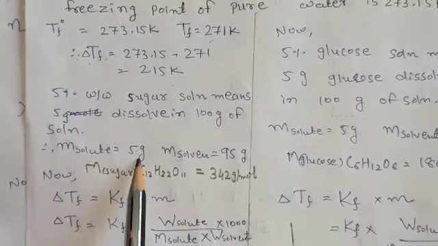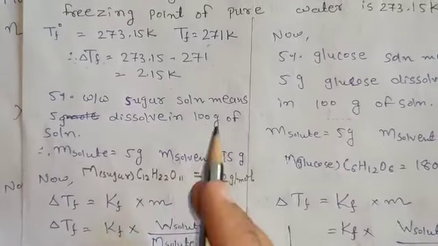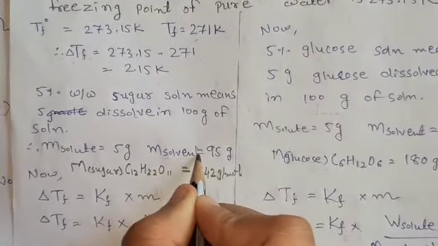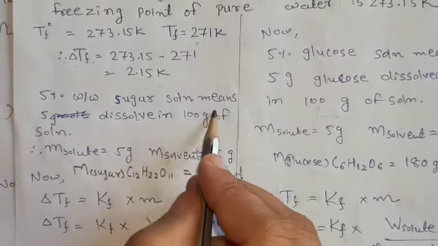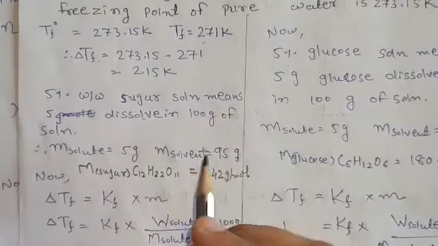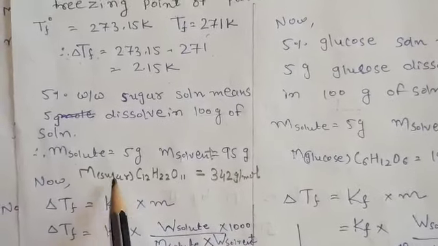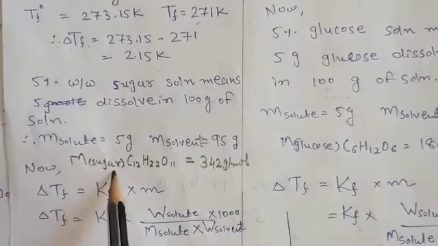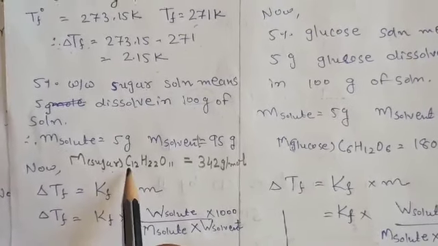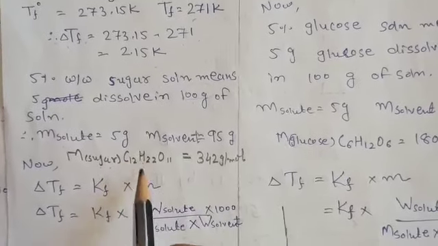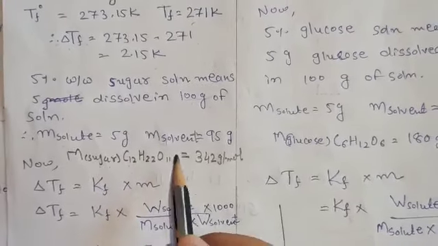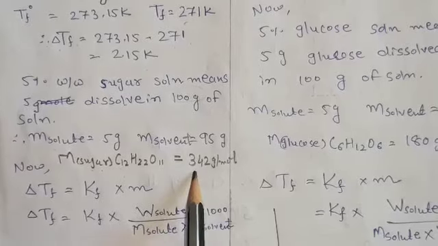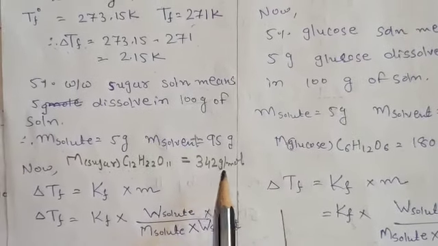So mass of solute will be 5 and mass of solvent will be 95, because mass of solution is 100. Our solute is sugar, which has the formula C12H22O11. So you will get the molar mass of sugar as 342 gram per mole.